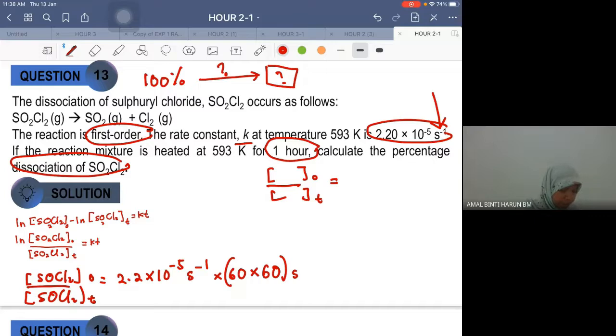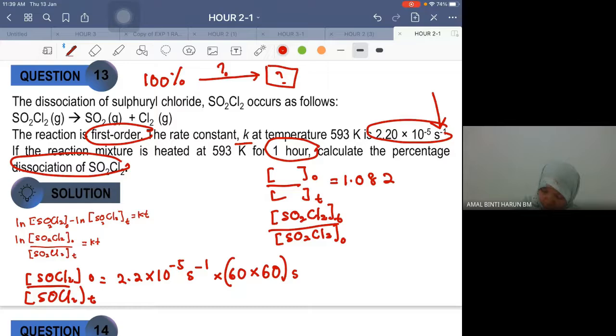fraction 1 point, hilangkan ln, selesaikan semua sebelah kanan ni, hilangkan shift ln apa semua, you akan dapat 1.082. Okay, lepas tu kita terbalikkan is 1 over answer, 1 over 1.082, which is the concentration sulfuryl chloride time per sulfuryl chloride SO2Cl2 initial.